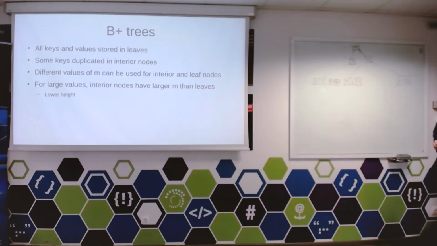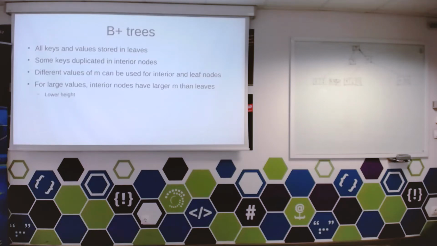So yeah, one slight advantage B plus trees have is that if you have small keys and large values, by only storing values in the leaves and not storing any values in the interior nodes, you can have a larger value of m for the interior nodes, so the height should be a bit lower.